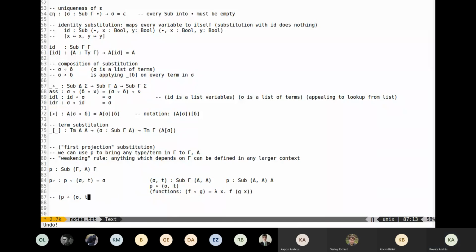So this p composition operation can be used to project the first component, to take the first component of a list of terms. If you are thinking about SNOC lists, then it's kind of an init operation on a SNOC list.